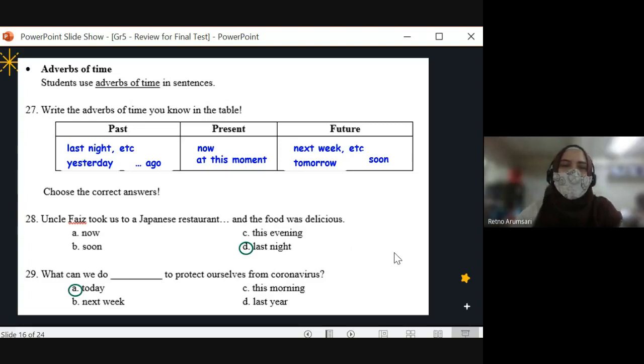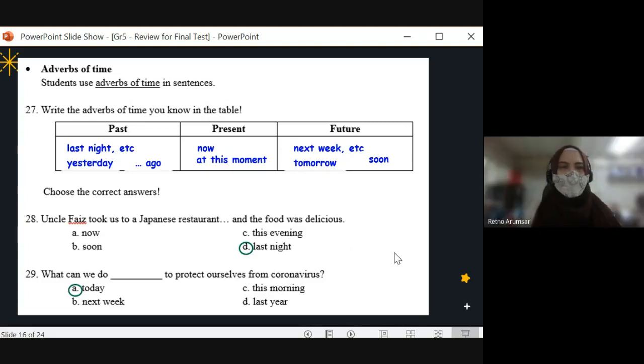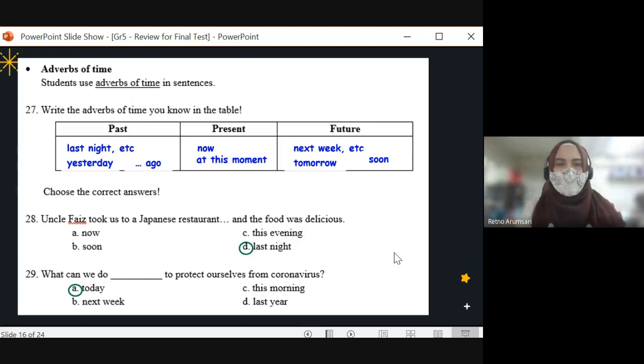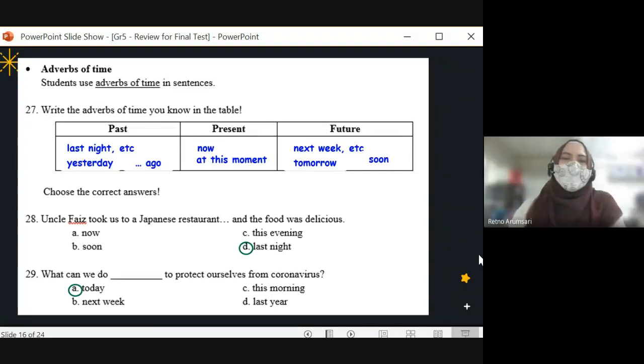Yes, we're talking about now. We're talking about the present. What can we do at the moment to protect ourselves from coronavirus, because it's happening right now, right? Yes. All right, that's adverbs of time.